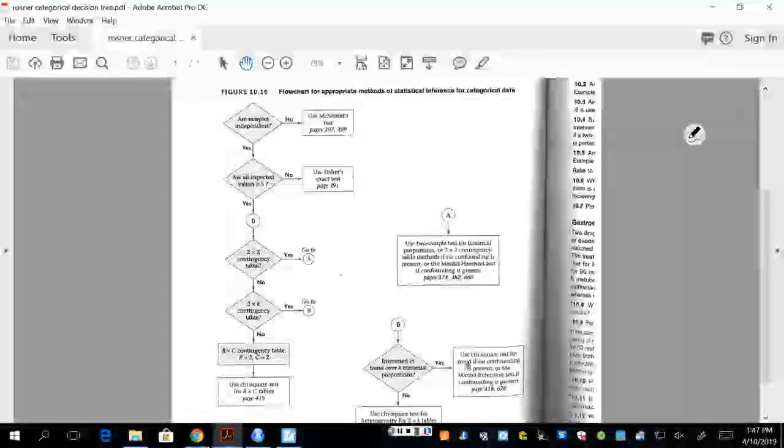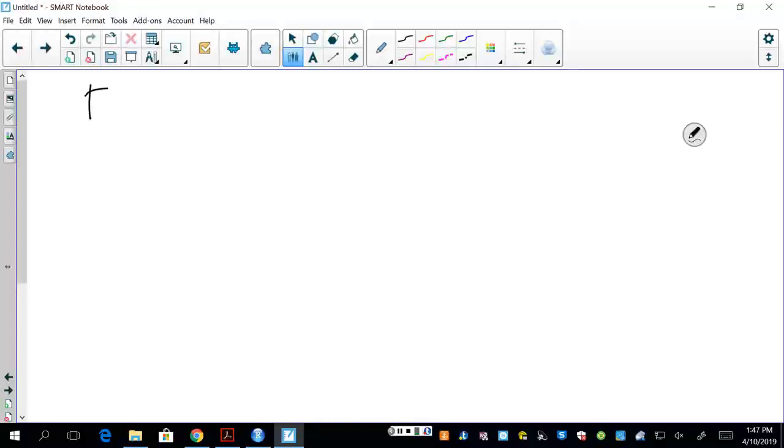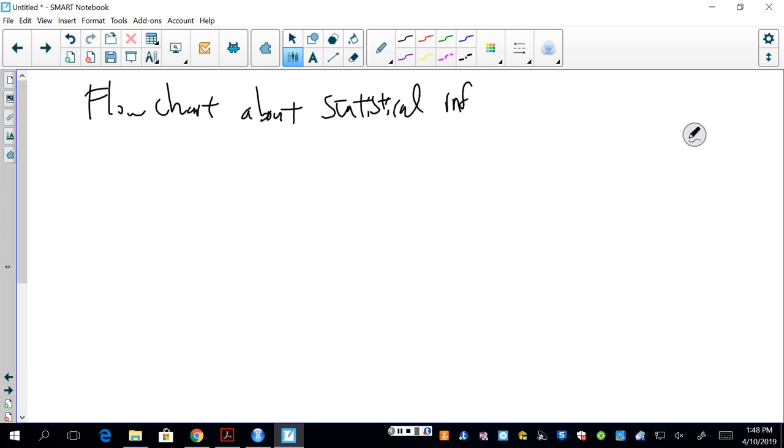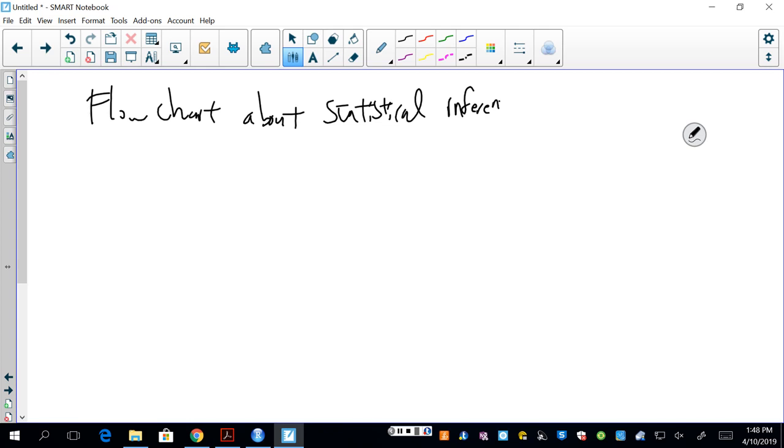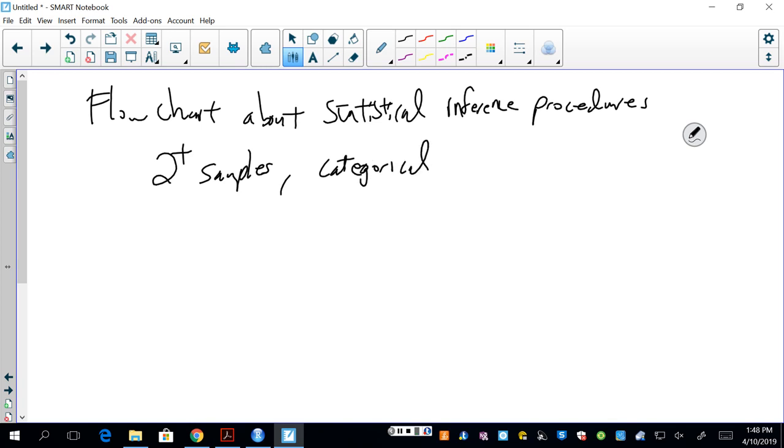This one is a flow chart about statistical inference procedures. And then we have two or more samples and it's categorical data. So this is one little snapshot of the decision that you might think about in deciding what to do.